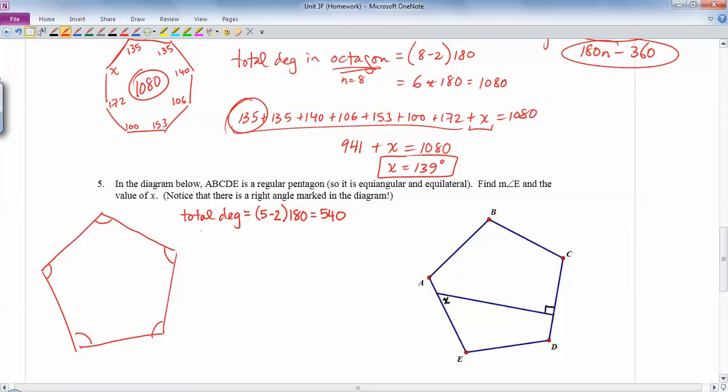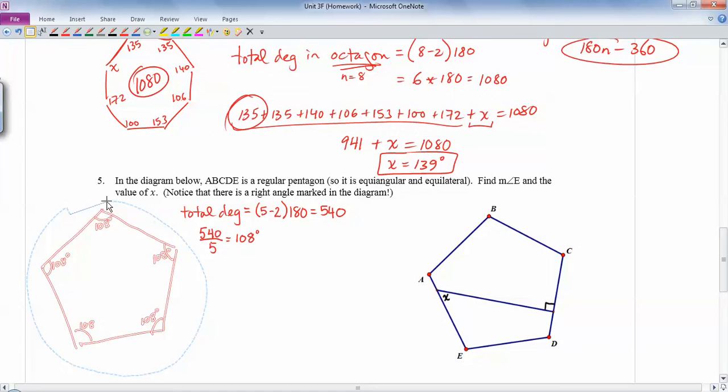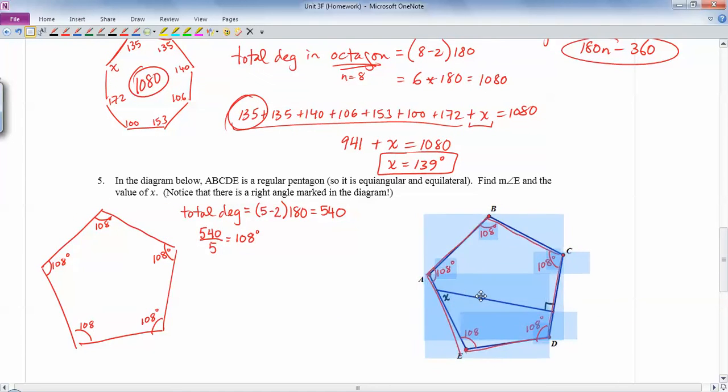And since all the angles are the same, we can do 540 divided by 5 gives us 108. So each angle is 108 degrees in the pentagon. Okay, so now let me put this right back on top of the diagram here.